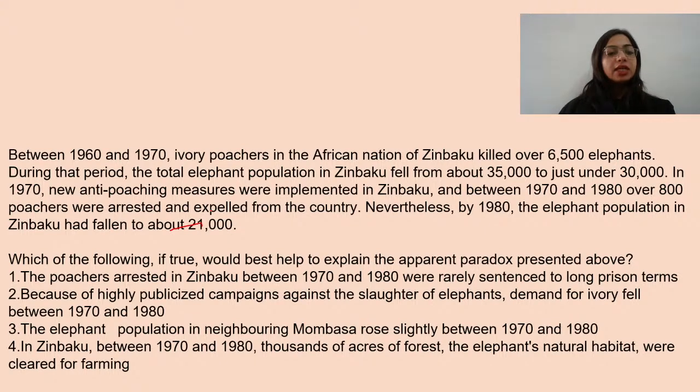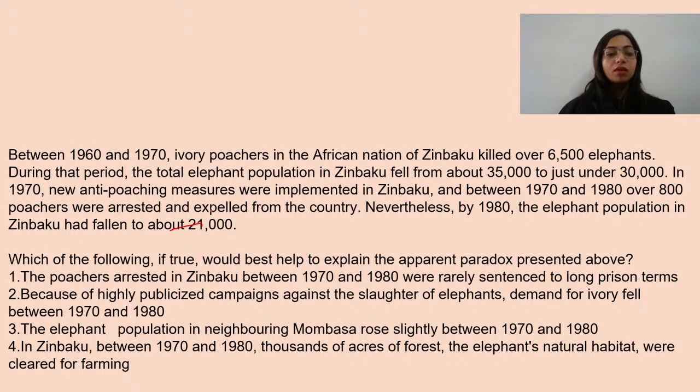In 1970, new anti-poaching measures were implemented in Zimbabwe, and between 1970 and 1980, over 800 poachers were arrested and expelled from the country. Nevertheless, by 1980, the elephant population had fallen to about 21,000. So if you see, even though 800 poachers were arrested, the irony is that the population fell further.